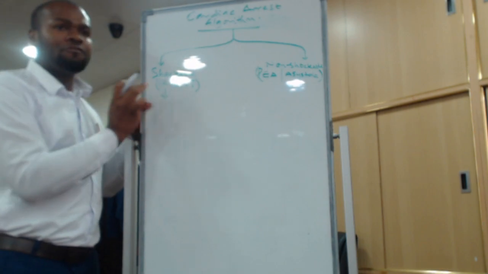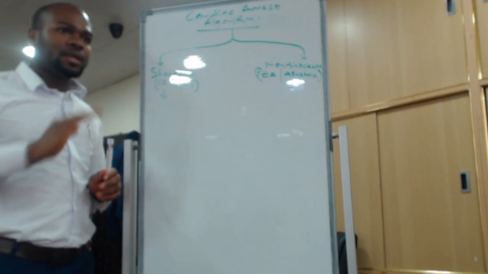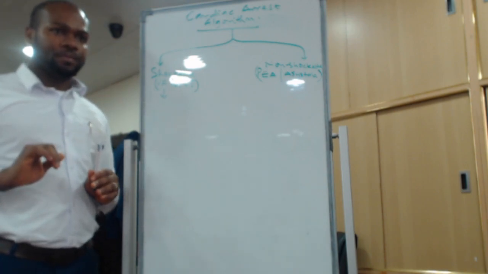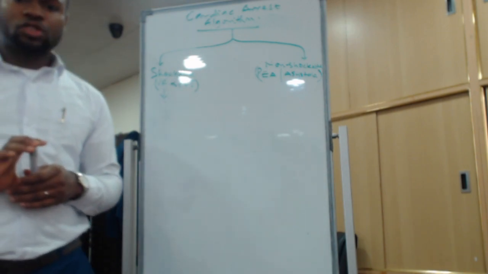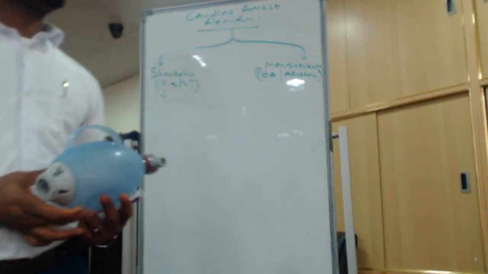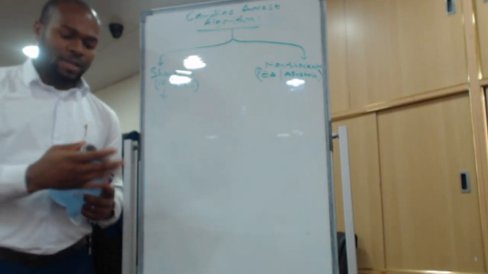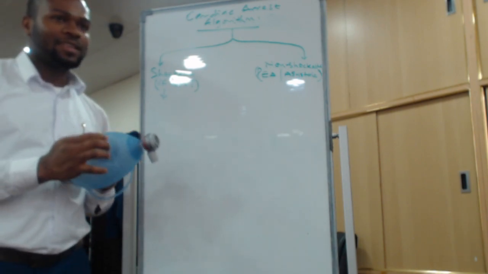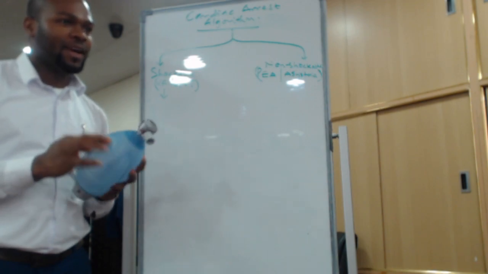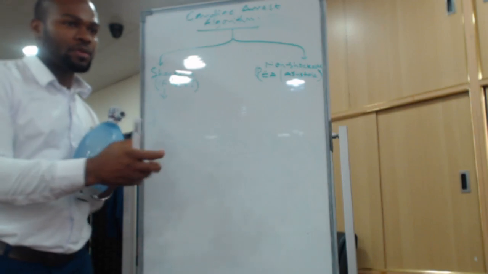Now, for ventricular fibrillations, you don't need to check for a pulse because it is not a perfusing rhythm. I demonstrated to you earlier on what a patient who has a ventricular fibrillation feels like. The heart of that patient is like this. It's quivering, right? And not effectively pumping blood. So there is no cardiac output.